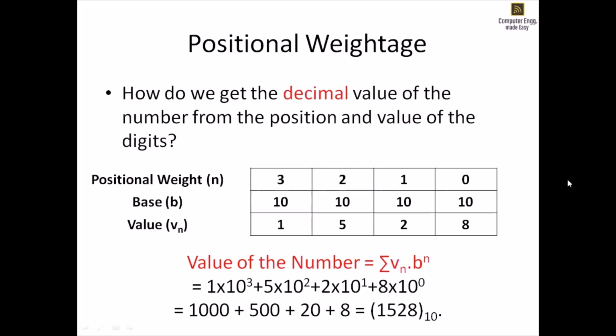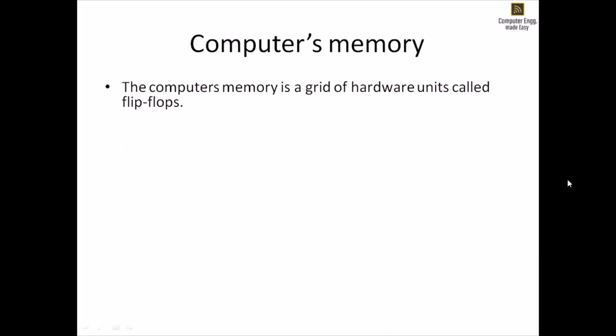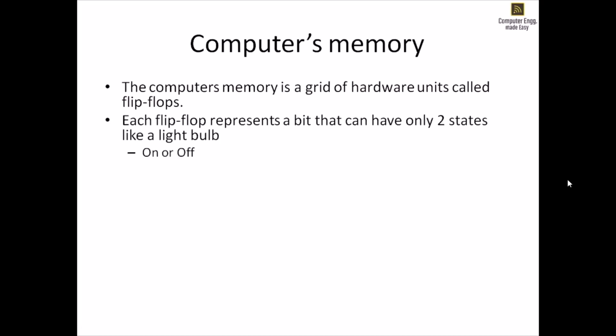Now that we are comfortable with the decimal number system, we will take a look at another numbering system which is used in the computers called the binary number system. The hardware unit of a computer's memory is called the flip-flop, which holds the electrical energy. The basic unit of storage is called bit, which basically represents the energy in its corresponding flip-flop.